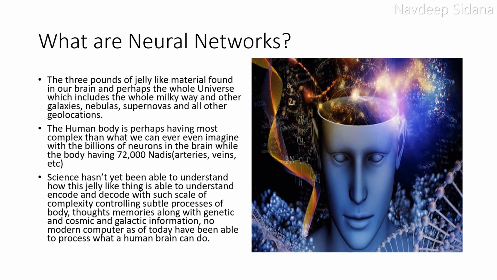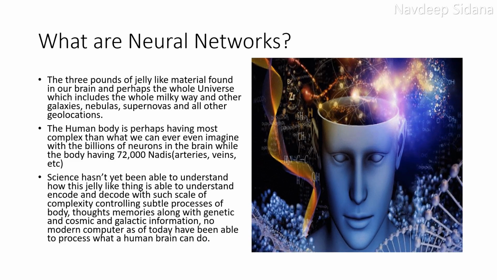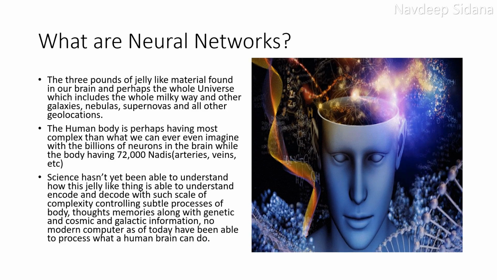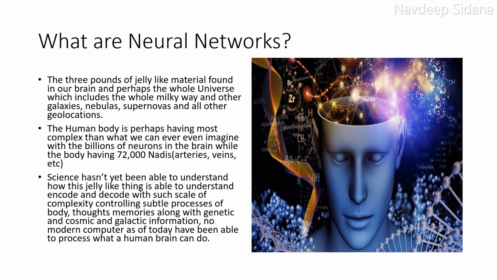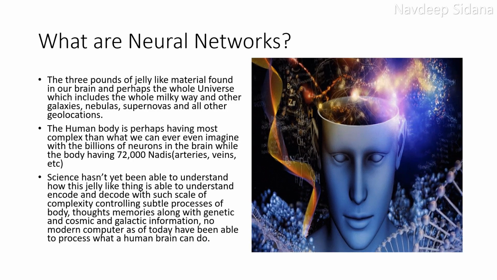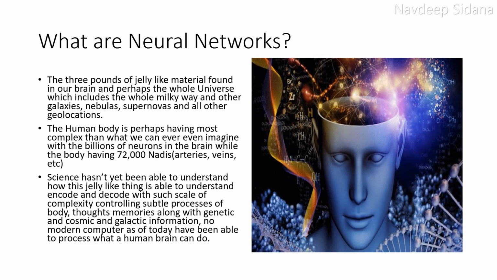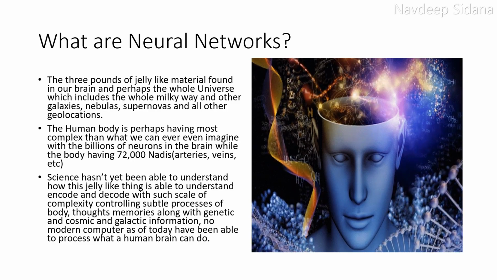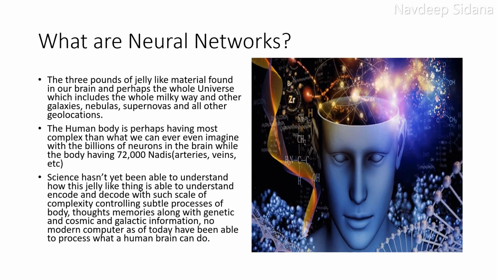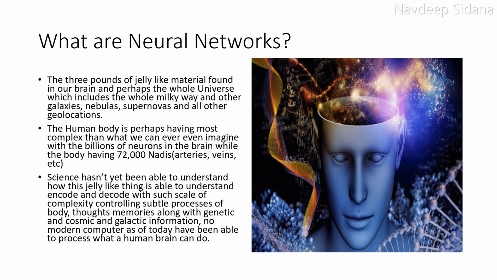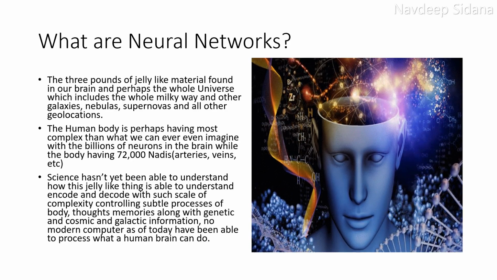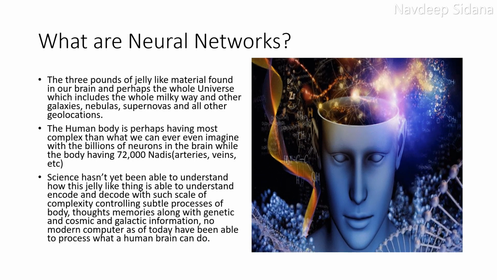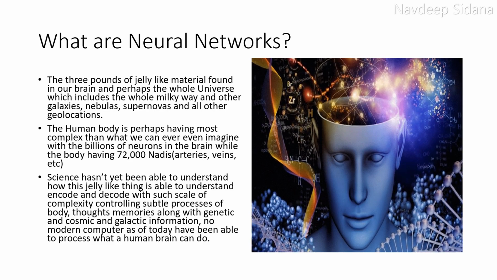First of all, let's take a brief look at what exactly neural networks are. It turns out that this less than 3-pound jelly-like material found in our brain is perhaps the most complex machine in this whole universe.